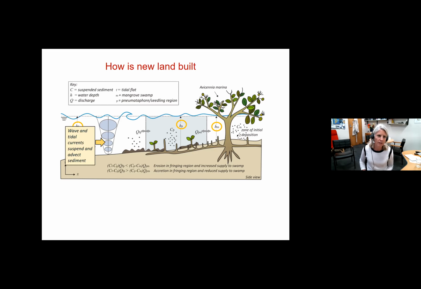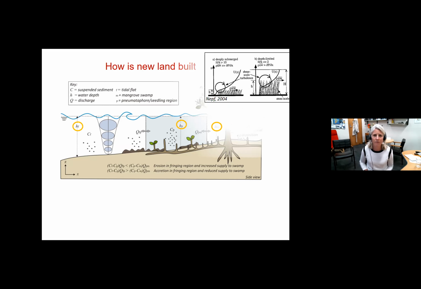Out here, we've got waves and tidal currents that suspend and advect the sediment into the intertidal regions. Here you've got the vegetation and the pneumatophore roots that can either increase scour or protect the bed and cause deposition, depending in a very complex way on how the vegetation causes turbulence, whether it causes shear zones at the top of the vegetation, or whether the flow gets pressed through the vegetation or not.